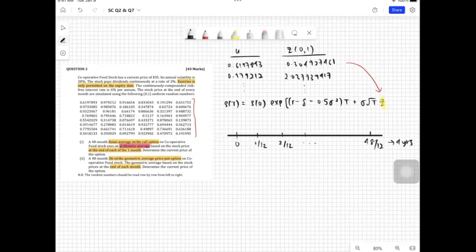So to obtain the stock price at, let's say, T1, and T2, the stock price depends on the stock price of the previous period, according to the formula we've established above.